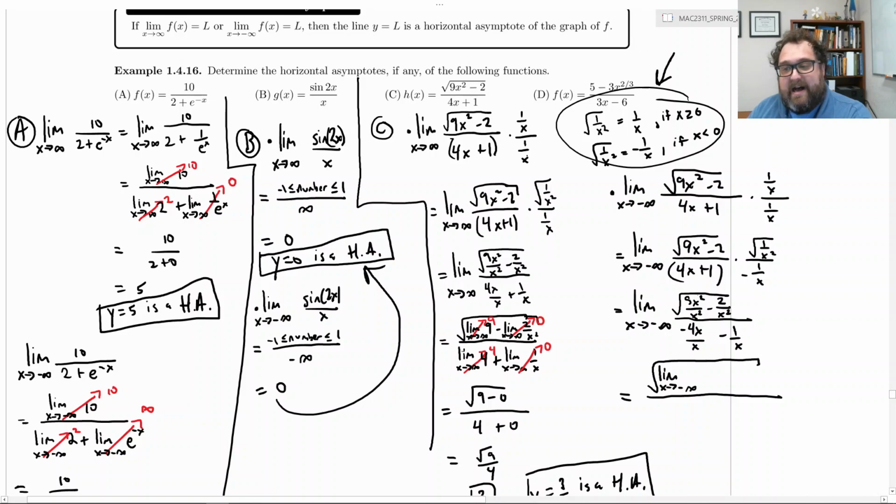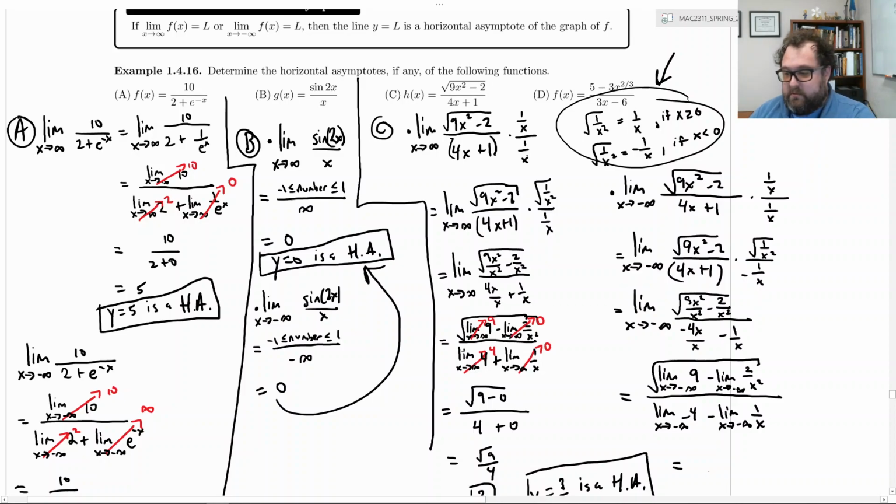Now, if I reduce 9x squared over x squared, that's 9, minus the limit as x goes to negative infinity of 2 over x squared. Then on the denominator, the limit as x goes to negative infinity of, okay, negative 4x over x is negative 4, minus the limit as x goes to negative infinity of 1 over x.